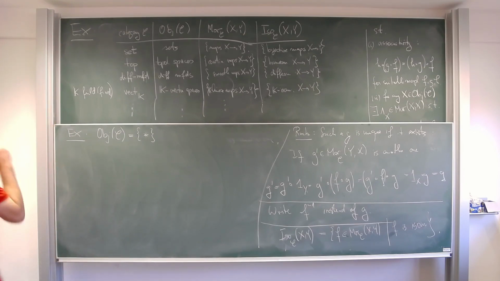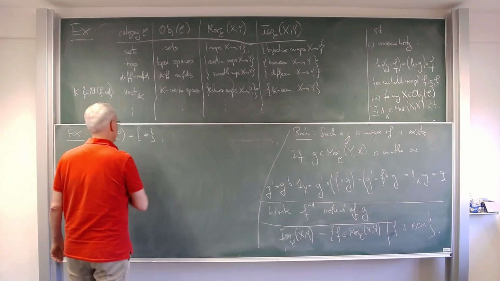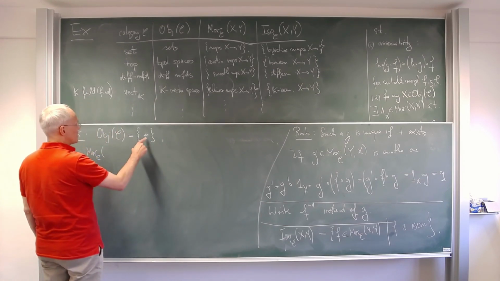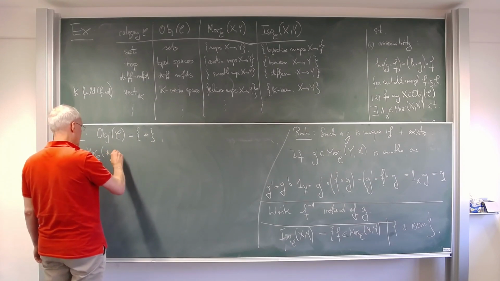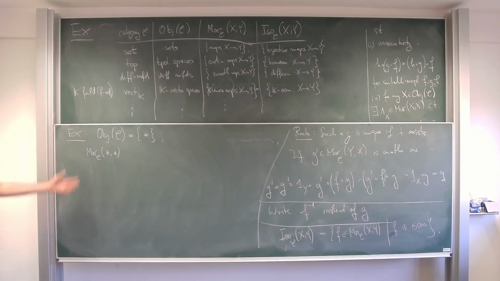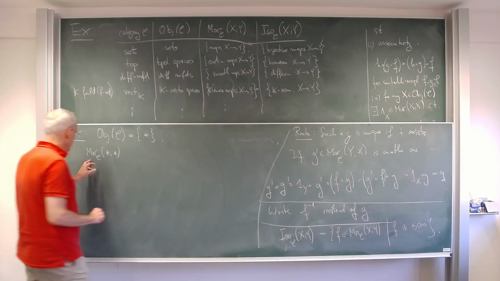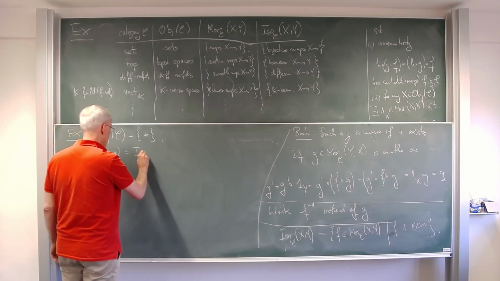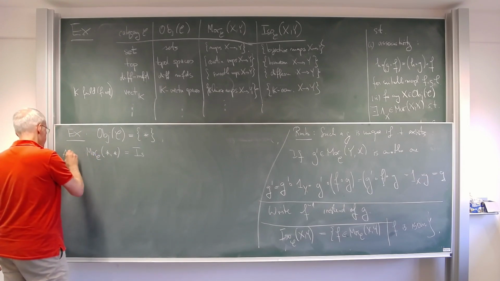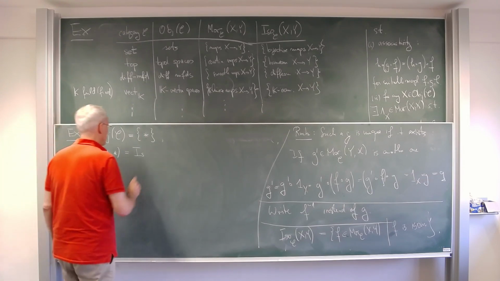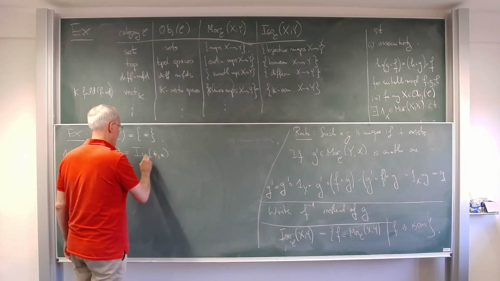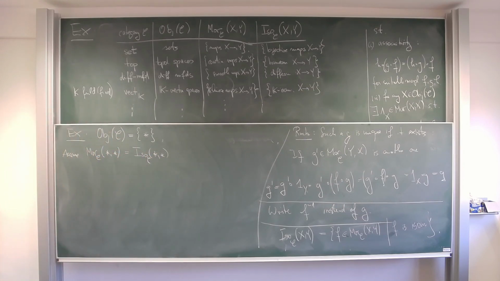Now, assume that all morphisms in this category, so I can always go only from this to there, right? So there's only one set of morphisms here. Let's assume they are all isomorphisms. So assume that all morphisms are isomorphisms. Now what do we have?